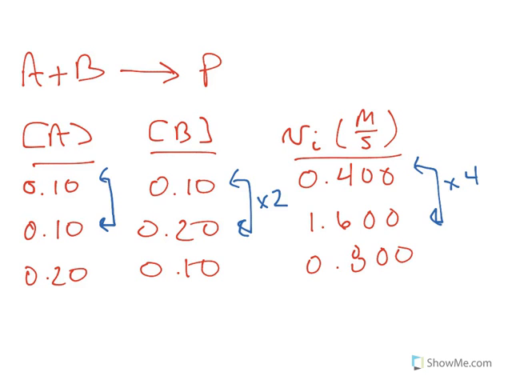Now, let's compare some other experiments. Where did A change? A changed over here, right? And B, thankfully, remained constant, all right? What happened over here? The rate did indeed change. So my question is, on my green line, how did A change? Changed by a factor of 2, going from experiment 1 to experiment 3.